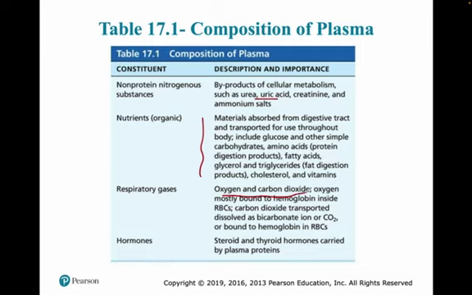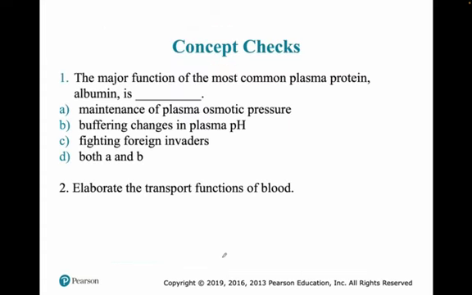So all of that is present in plasma. And then all the steroid and thyroid hormones. Remember from last chapter, this is carried out by blood, and basically their carriers are nothing but the plasma proteins, carriers of these hormones.